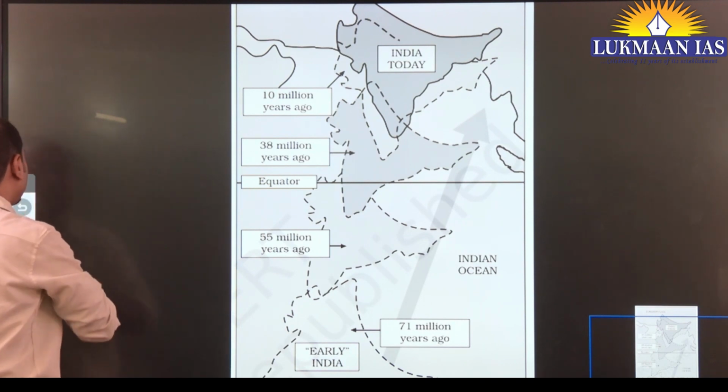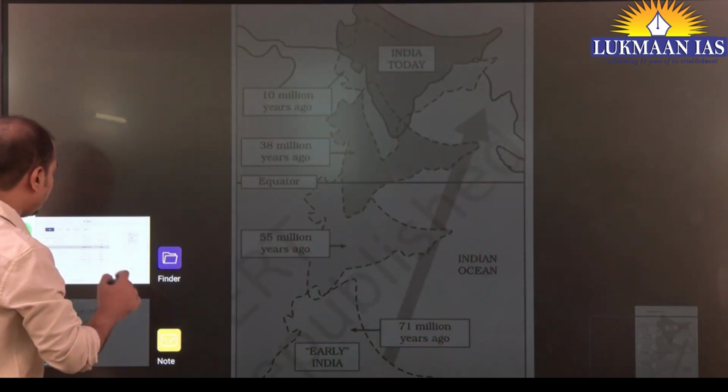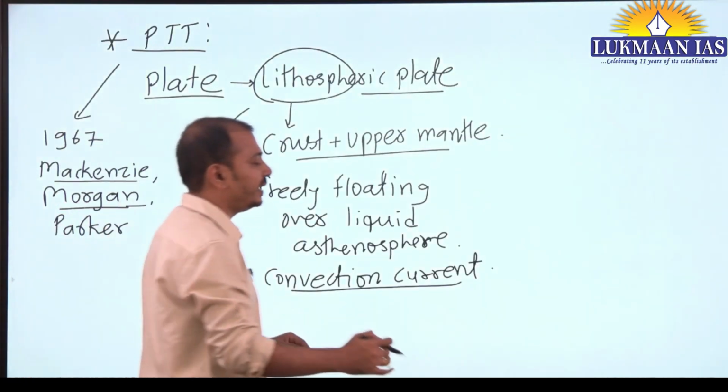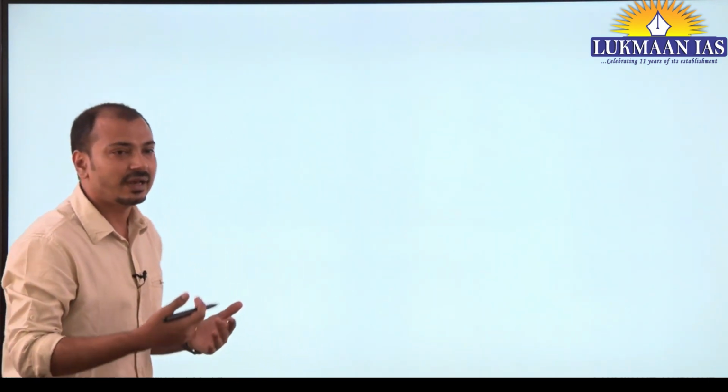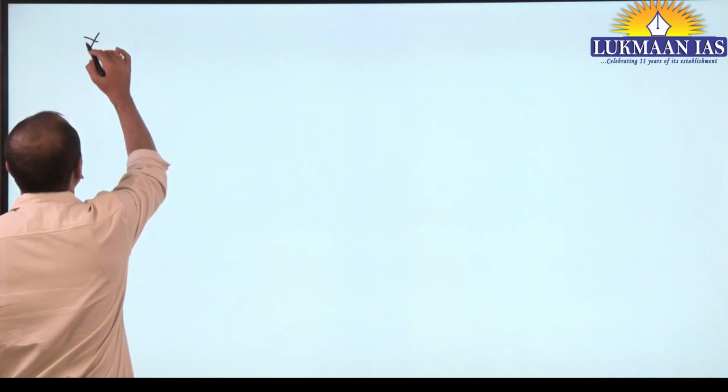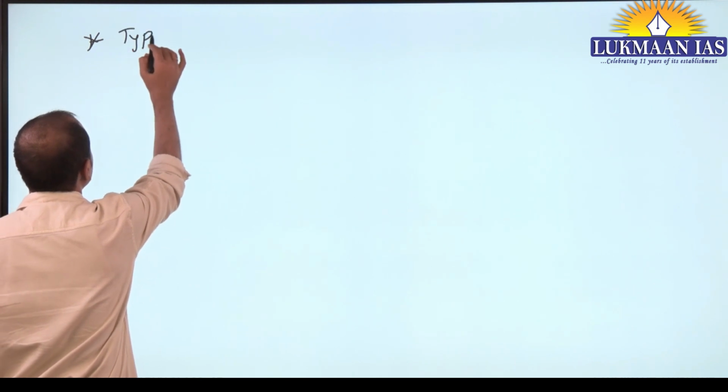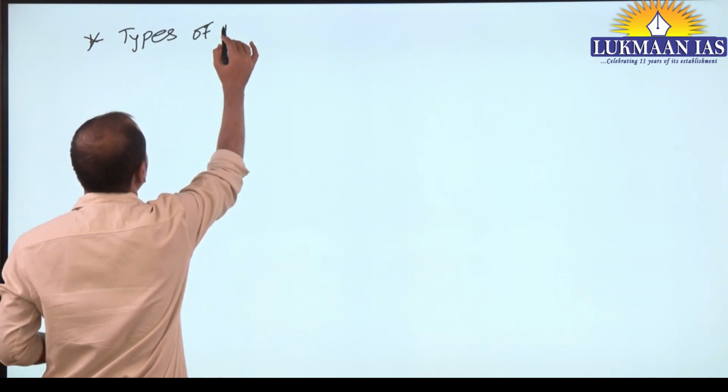Now according to plate tectonic theory, these plates, when they are moving freely on the earth's surface, there will be interaction of these plates with each other, and because of that various types of boundaries are formed.